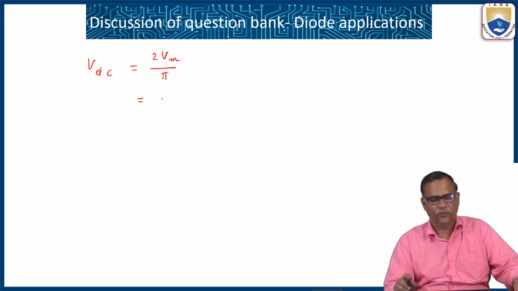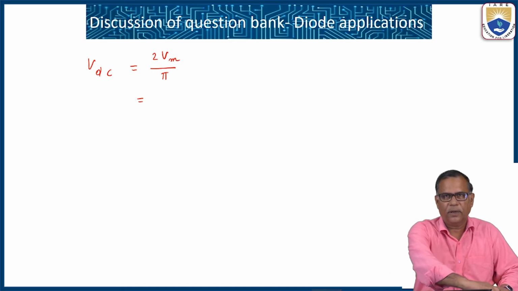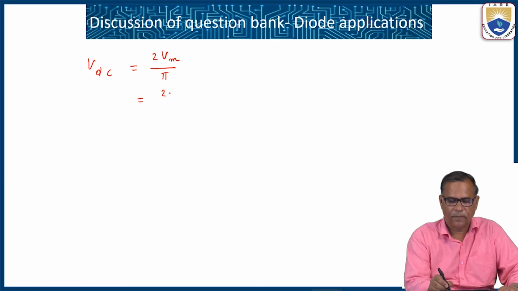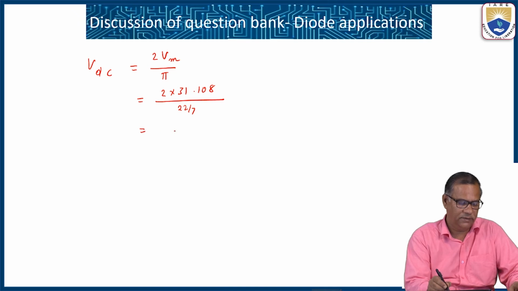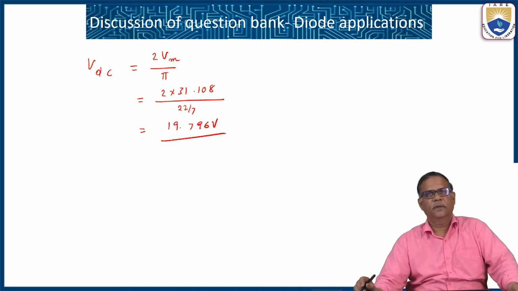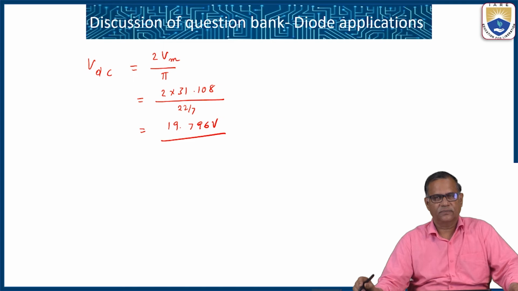Vm we have already calculated, so VDC is equal to 2 into 31.108 volts divided by pi. Pi is 22 by 7. So we get VDC as roughly 19.796 volts. So that is the DC voltage.